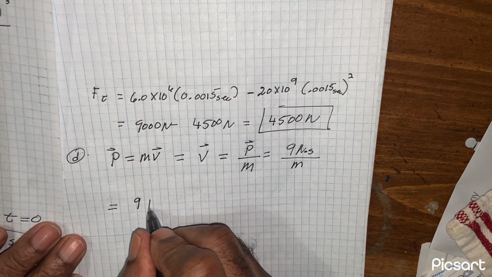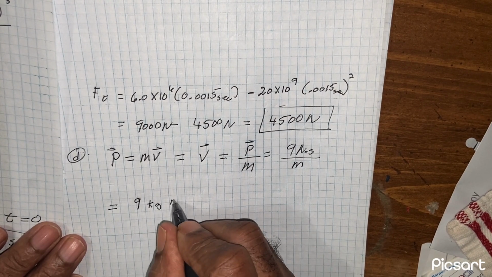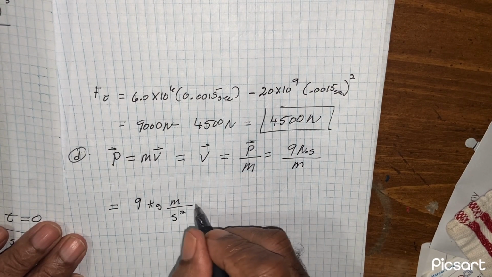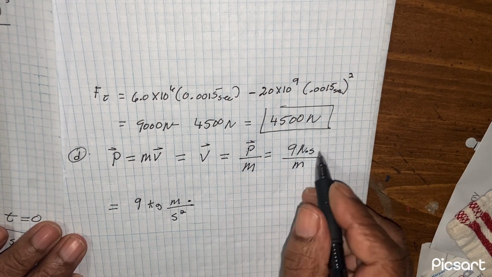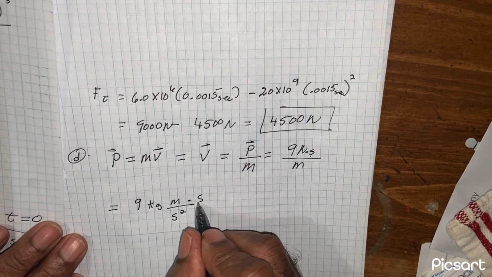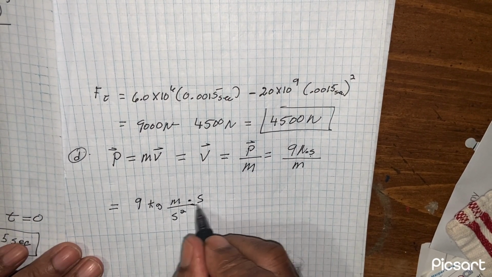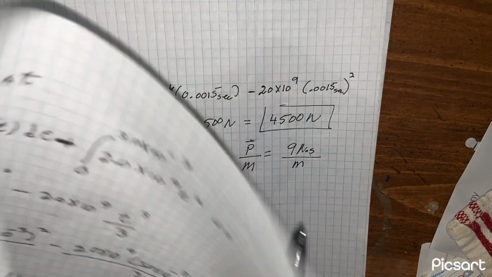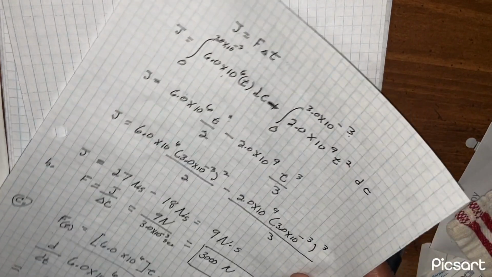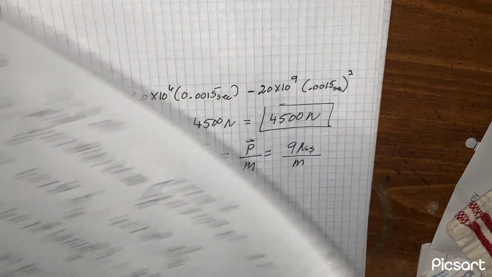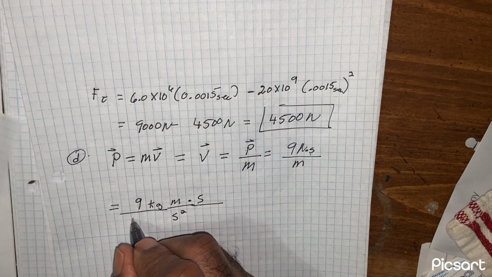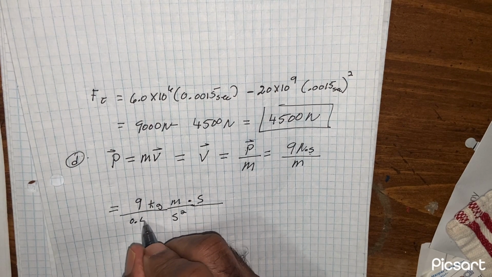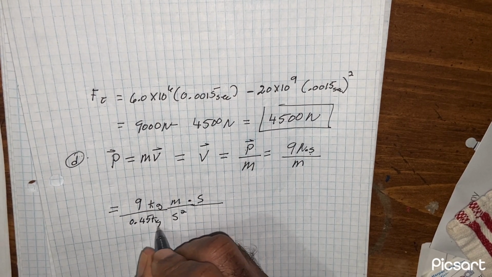A newton is kilogram meter per second squared times that second there, and the mass of this ball is 0.45 kilograms.